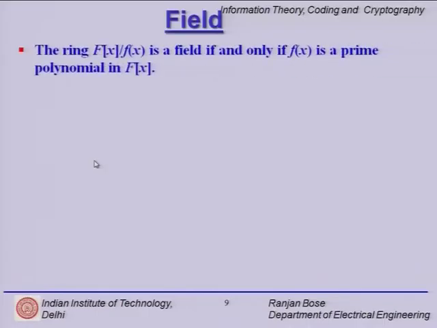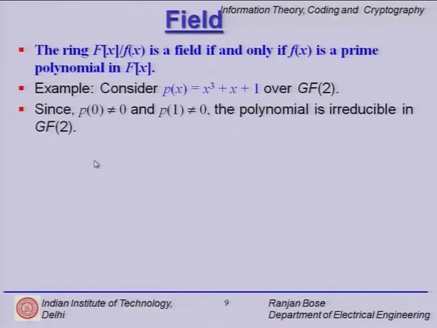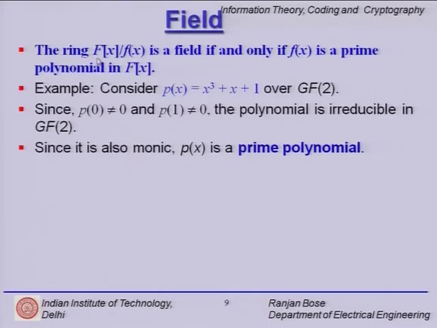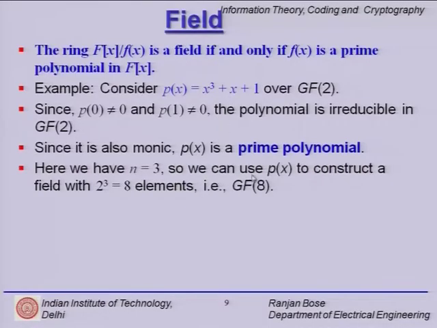We also introduced the notion of a field, where the ring F(x) by f(x) is a field if and only if f(x) is a prime polynomial in F(x). So, we looked at this example p(x), it is a prime polynomial and we can construct a field GF(8) with 8 elements using this p(x).